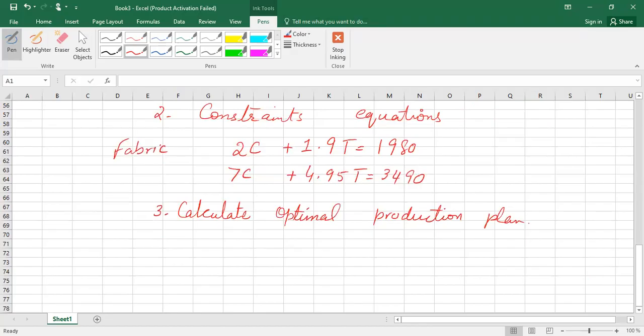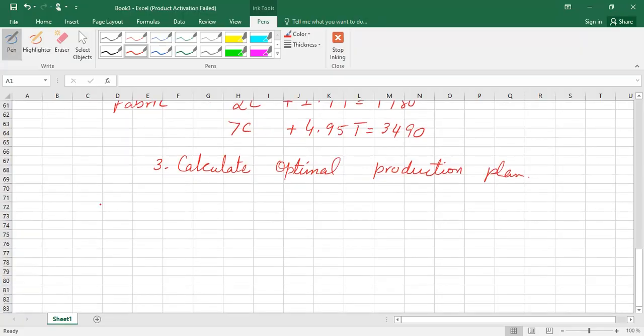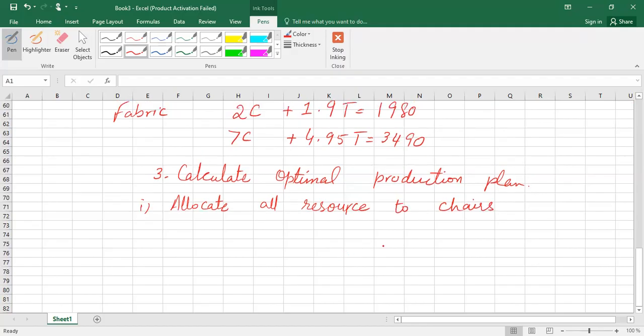First sub step is to allocate all resources to chairs. We are assuming that if we produce only chairs, what would be the maximum amount of chairs, or what would be the maximum contribution if we produce only chairs?